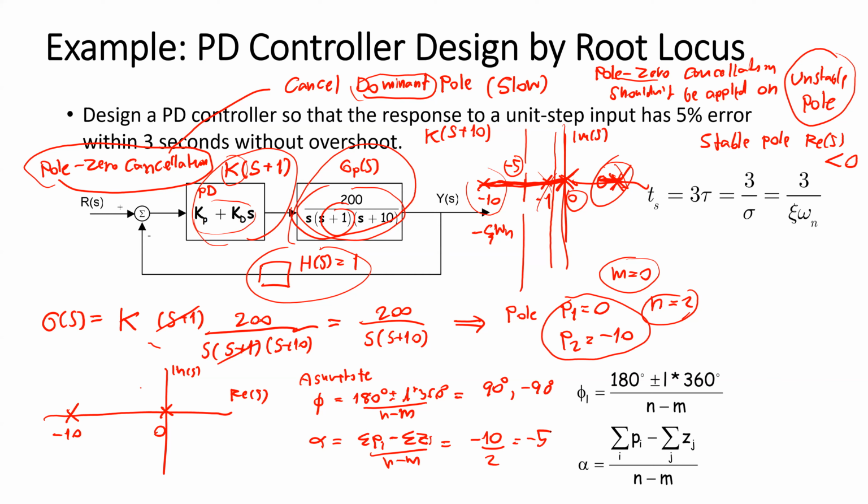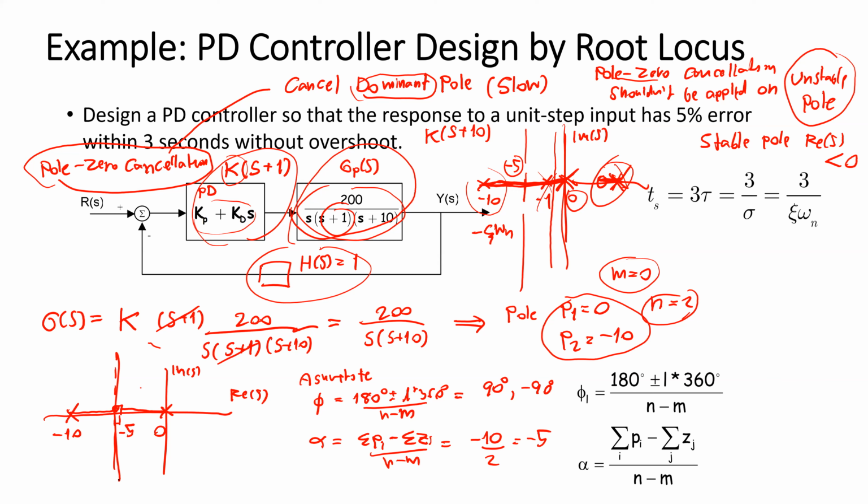So in this case, the asymptotes are plus and minus 90 degrees, and the intersection is at minus 5. The idea is the first pole moves here, the second pole moves here when we increase the gain K, and then we have the breakaway, go up and go down.